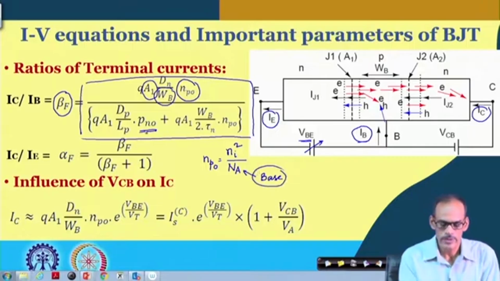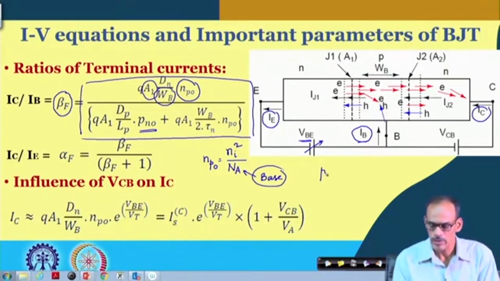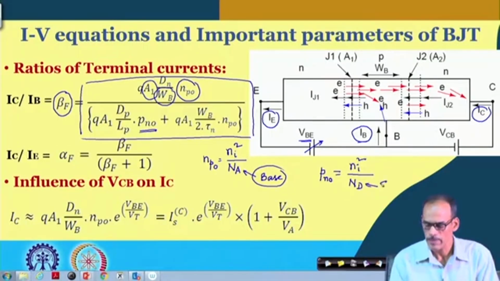Likewise, pn0, the minority carrier concentration deep in the emitter region, is equal to ni squared divided by the donor concentration in the emitter region.